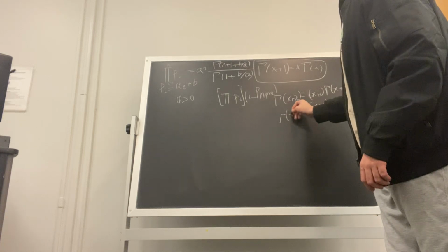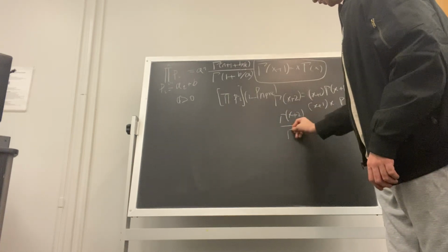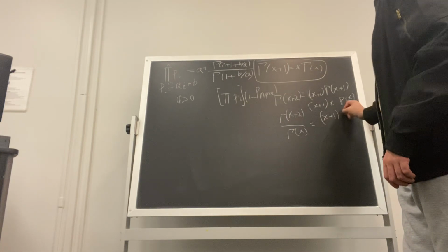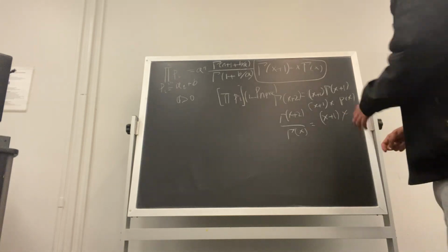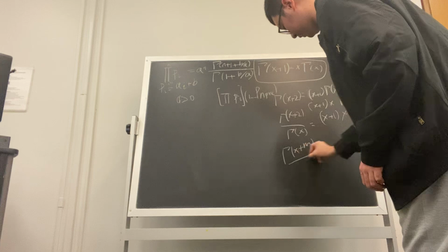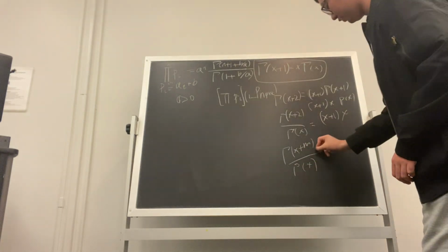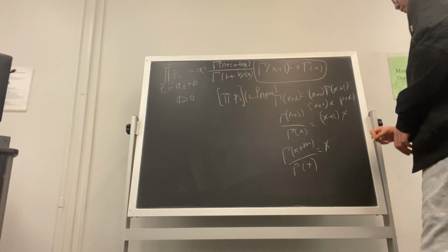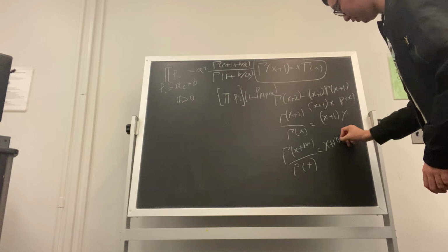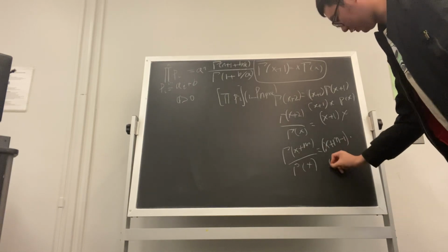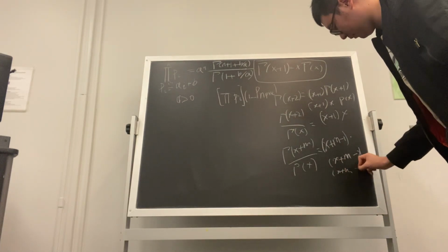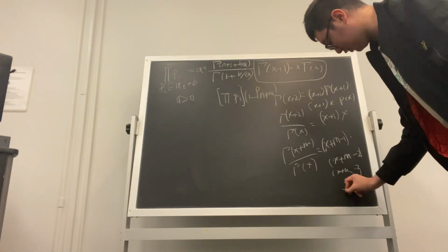You could see gamma of x plus 2 divided by gamma of x is just x plus 1 times x. And of course gamma of x plus m divided by gamma of x is just x plus m minus 1 times x plus m minus 2 times x plus m minus 3, and so on, all the way to x.